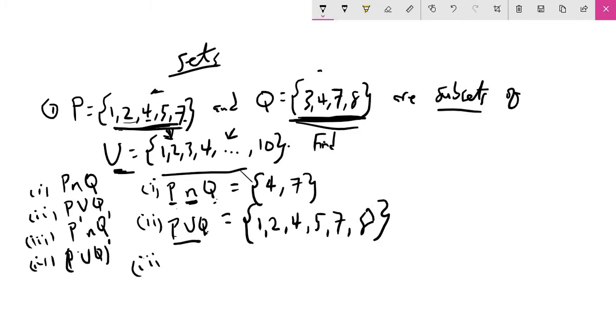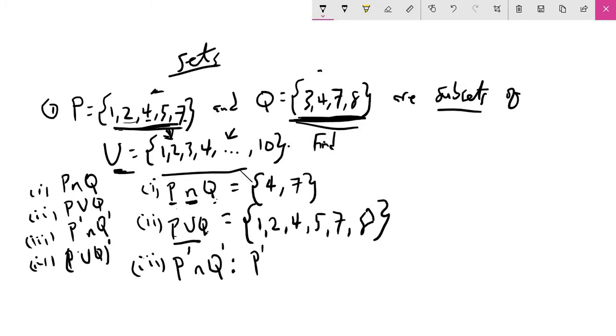The third part of the problem says P complement intersection Q complement. So first we have to determine what P complement is and what Q complement is.